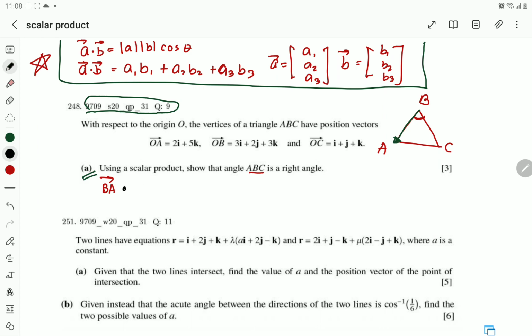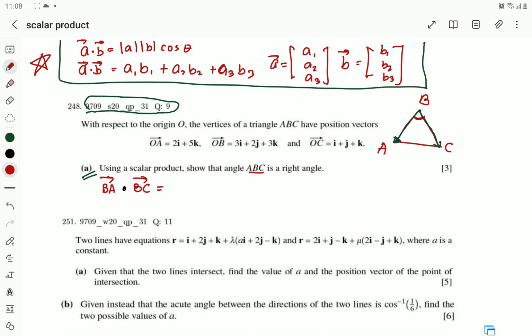BA dot BC, you need to get this BC, and what is that? First, let's try to get those.